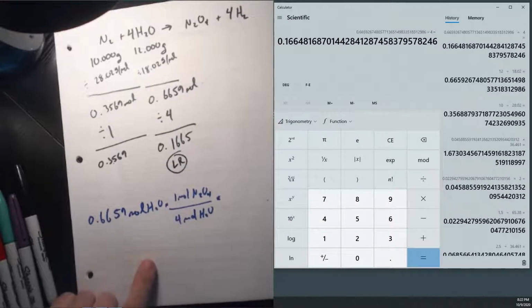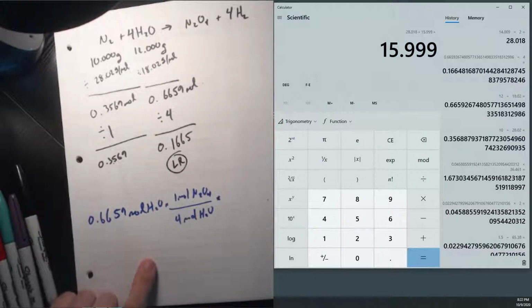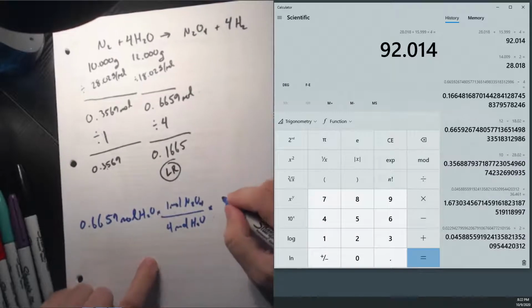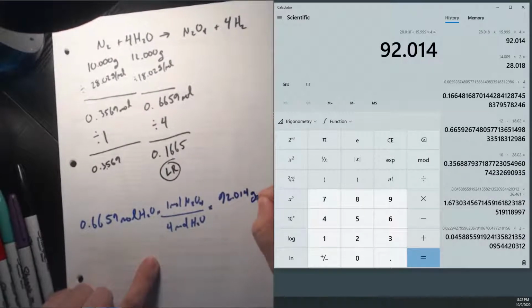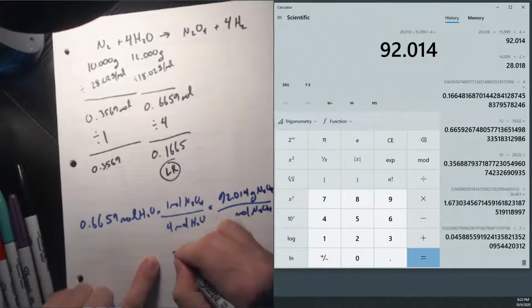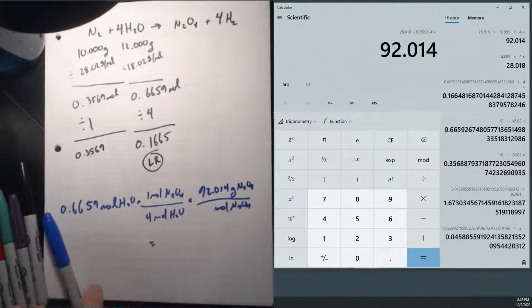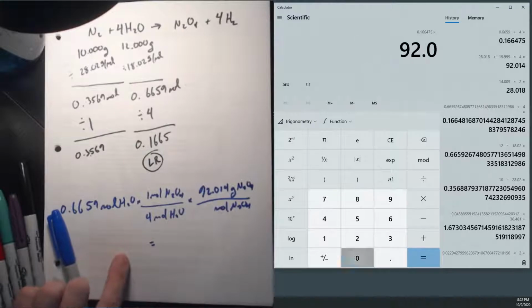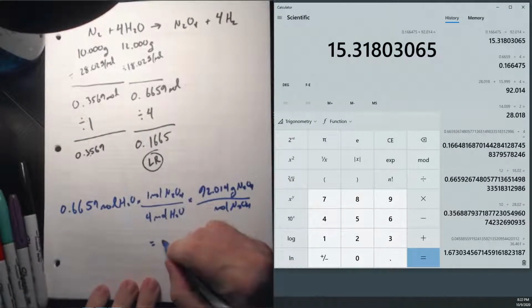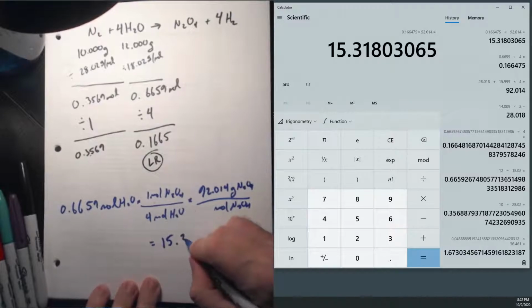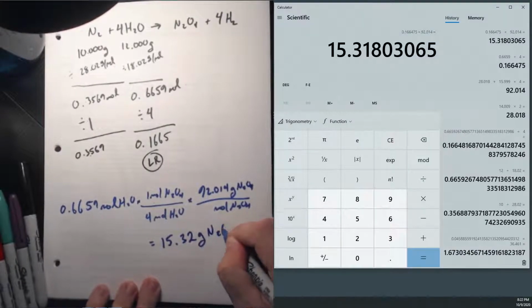So let's see, that is 14.01 times 2 plus 15.999 times 4. 92.014 grams per mole. So 0.6659 divided by 4 times 92.014 is 15.32 grams of N2O4.